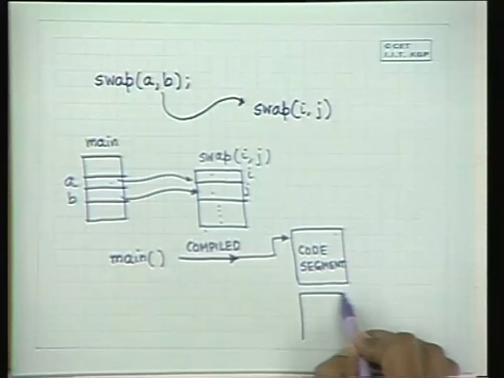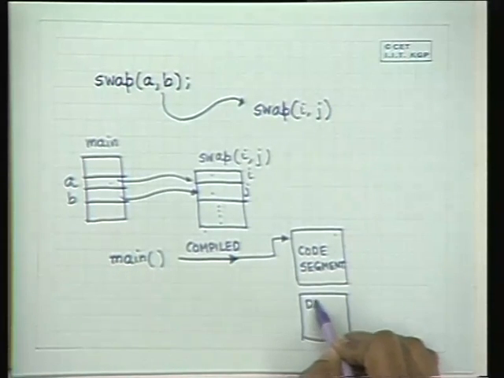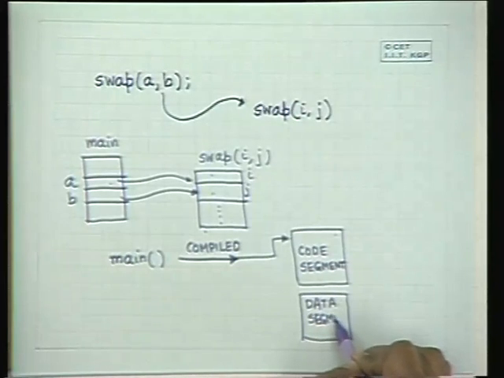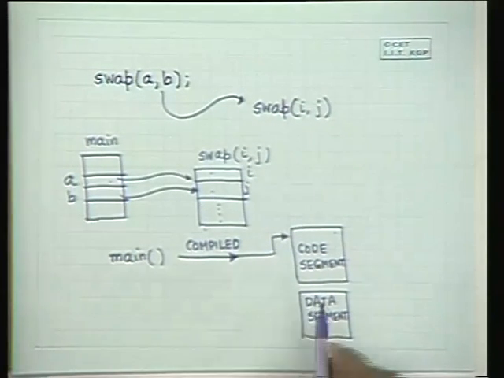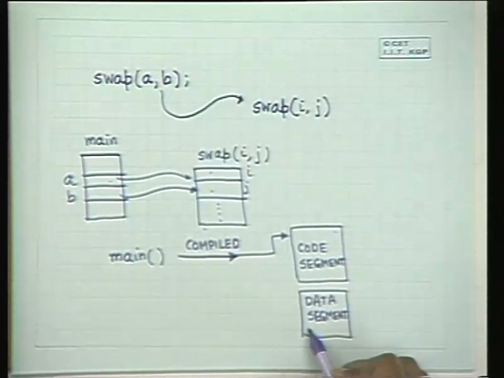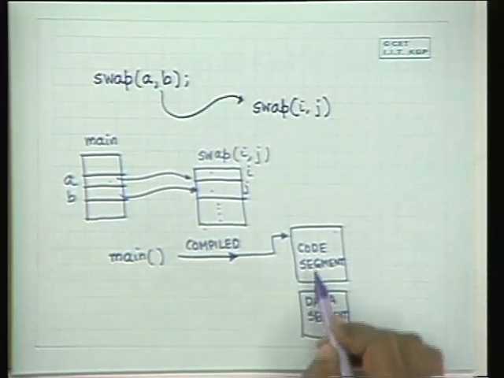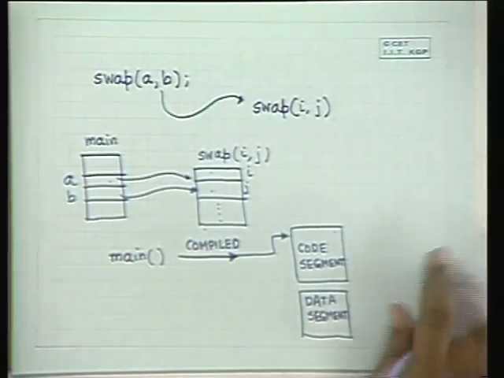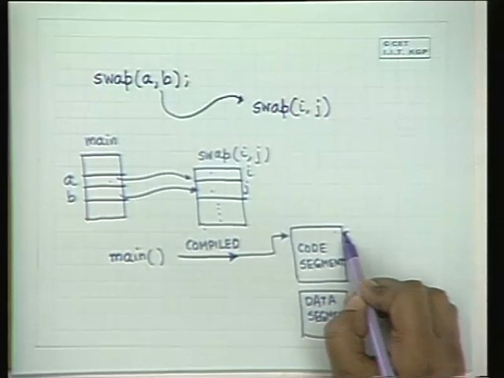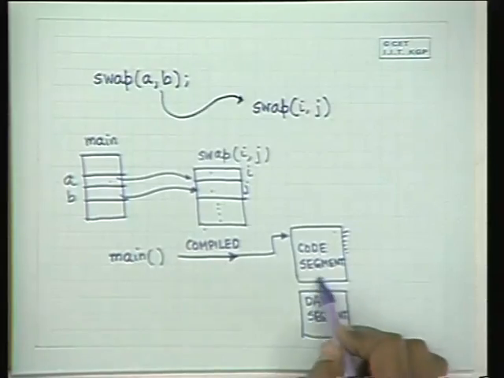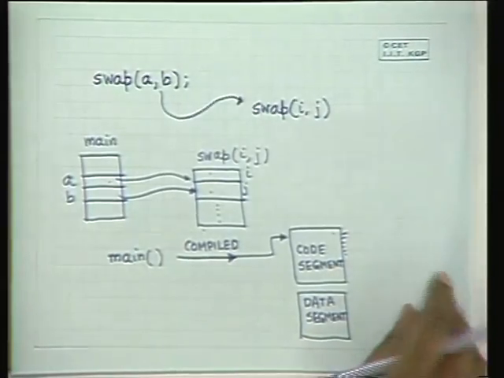And the other part is called the data segment, which contains all the local variables of a particular function, whether it is main or something else. So there is a code segment and there is a data segment. Now whenever a function is called, the code segment starts executing and a new data segment is created for that function. So let us see in slightly more detail how this works.